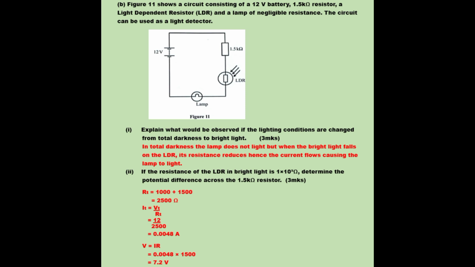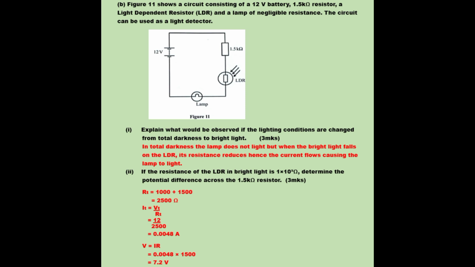If the resistance of the LDR in bright light is 1 times 10 raised to power 3 ohm, determine the potential difference across the 1.5 kilo ohm resistor.